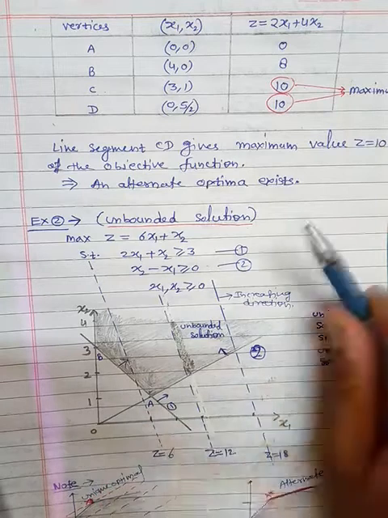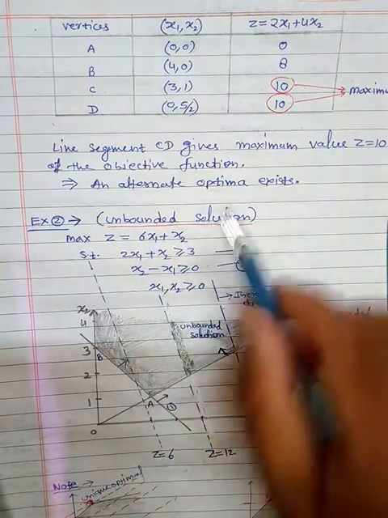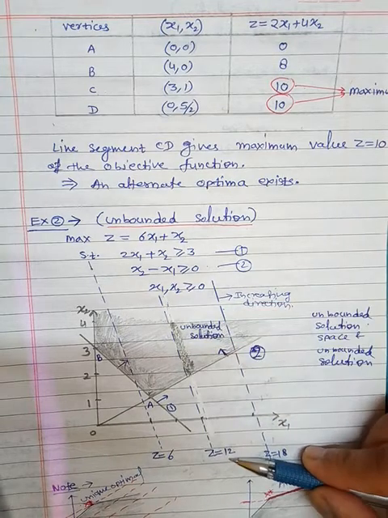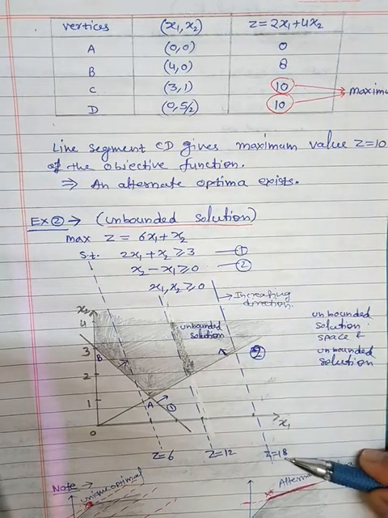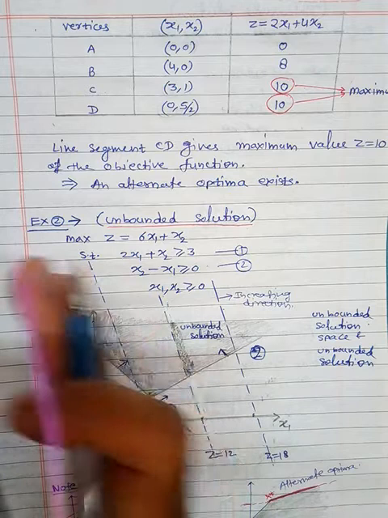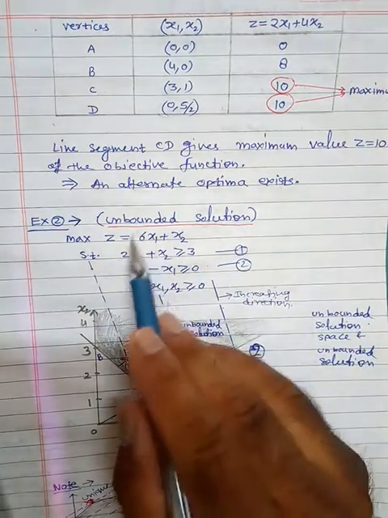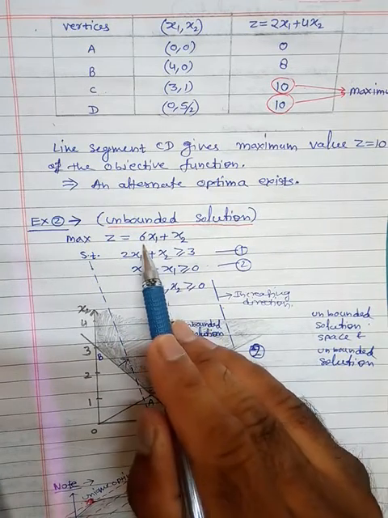Then, because this is a maximization problem, slowly draw the parallel lines, and you will see that there is no restriction. You just increase the line. For example, here we have z equal to 6, at this line we have z equal to 12, at this line z is 18. When you are moving in this direction along the x-axis, the coefficient of x1 is 6.